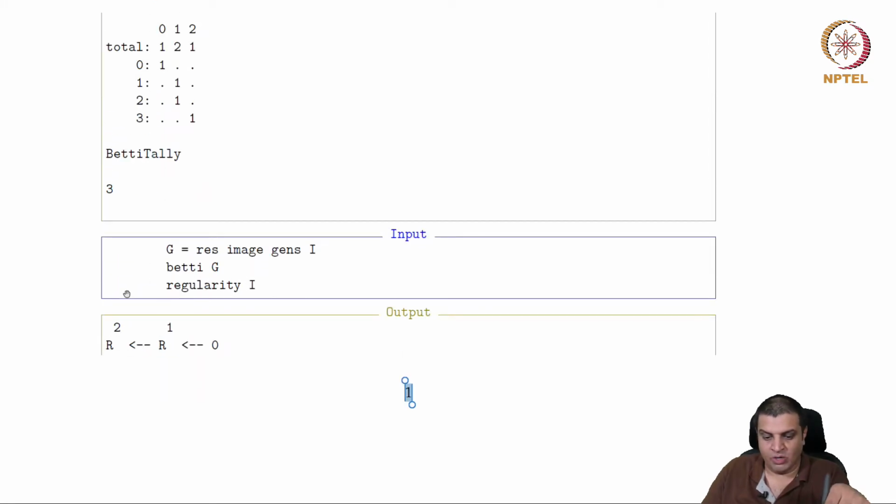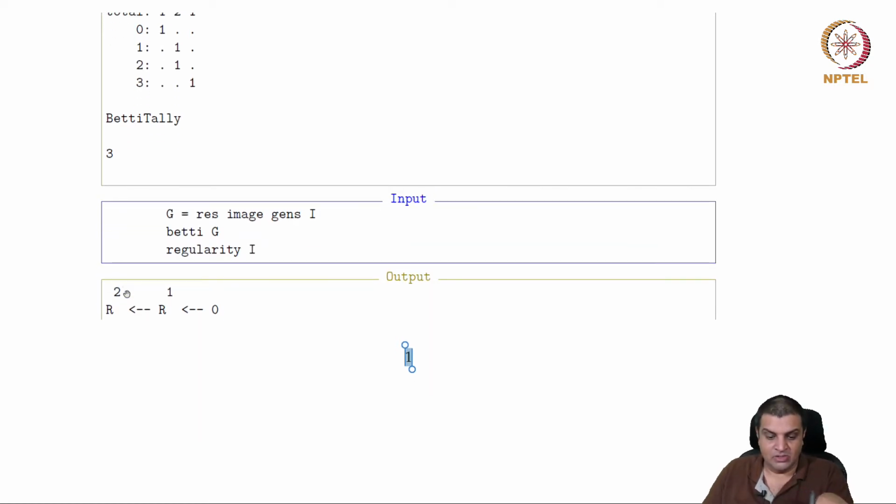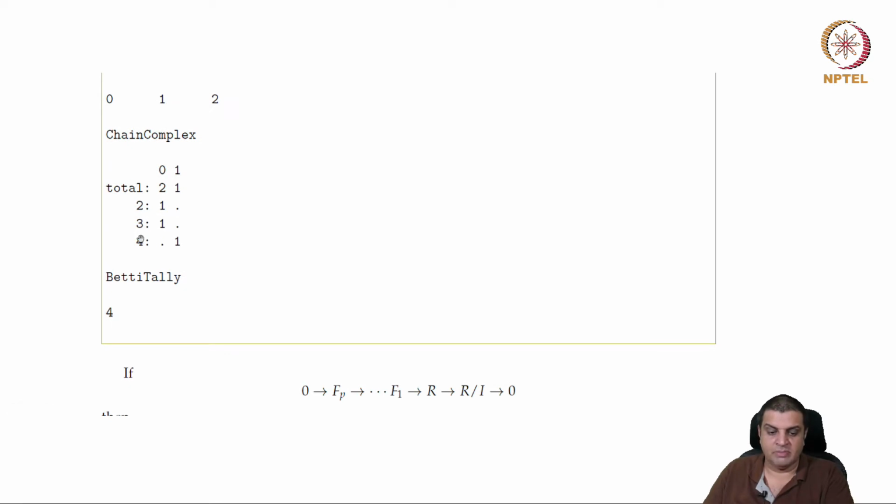Now, suppose we want the regularity of the module which is actually I. So we ask for a resolution of the image of the generators of I. If you ask for a resolution of I, it would just take the cokernel R mod I. Now we actually have to ask for that map. Then we get a map from R^1 to R^2, and this is the Betti table.